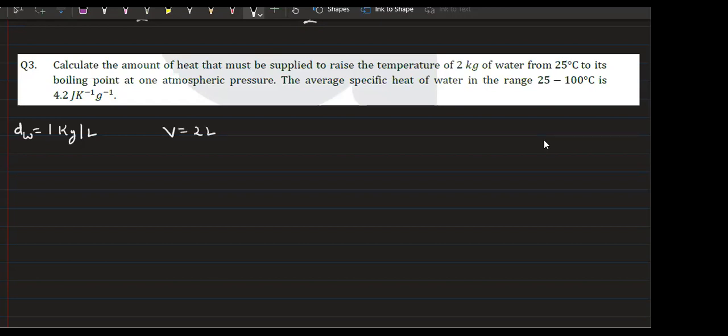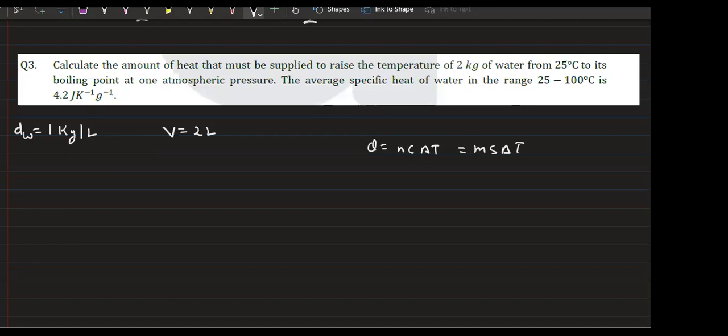Okay, got it? Now the amount of heat supplied. This is the basic formula. The formula for heat capacity, if you remember, we have studied: Q is equal to nC delta T, or Q is equal to m S delta T. How many of you remember this? We have studied this. Got it?